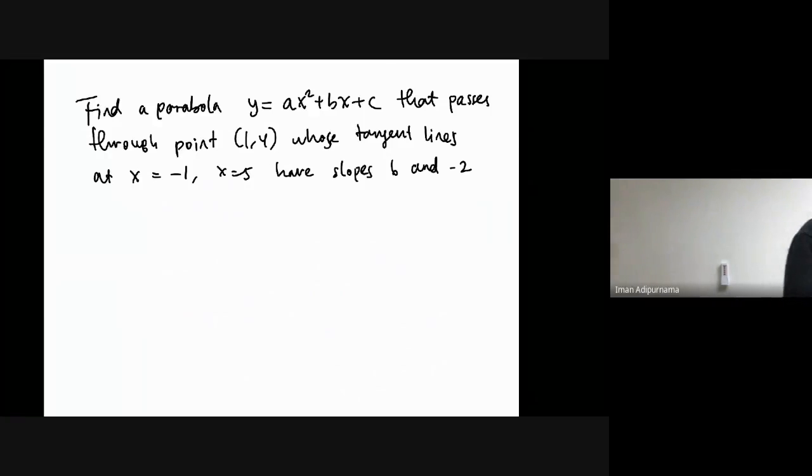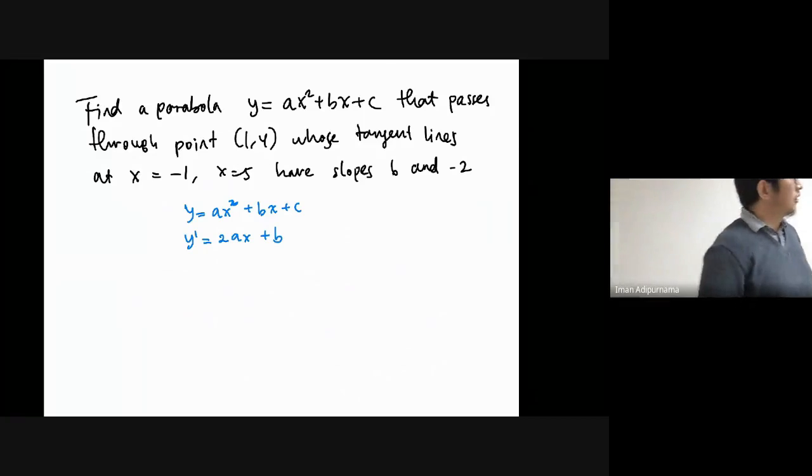Okay, first the parabola, we already know the form, and from this parabola we can get the derivative, which is 2ax plus b. Okay. So we need this derivative, this y prime, because we know the tangent line. If x is -1, the slope is 6, right? So we can use that.